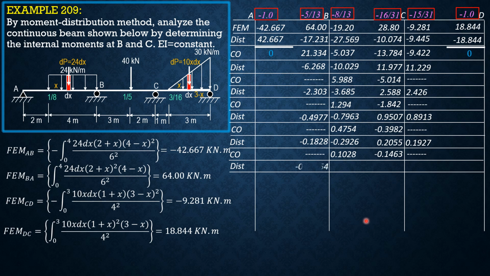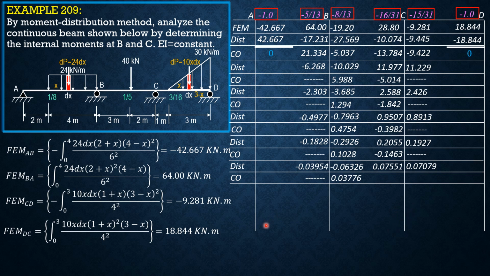Then distribute, so none there, then 0.03776 times negative 5 over 13, put the value here, times negative 8 over 13 here, negative 0.03163 times negative 16 over 31 here, then times negative 15 over 31 here. Carry over, so none, half of 0.01633 here, half of negative 0.02324 here, none.